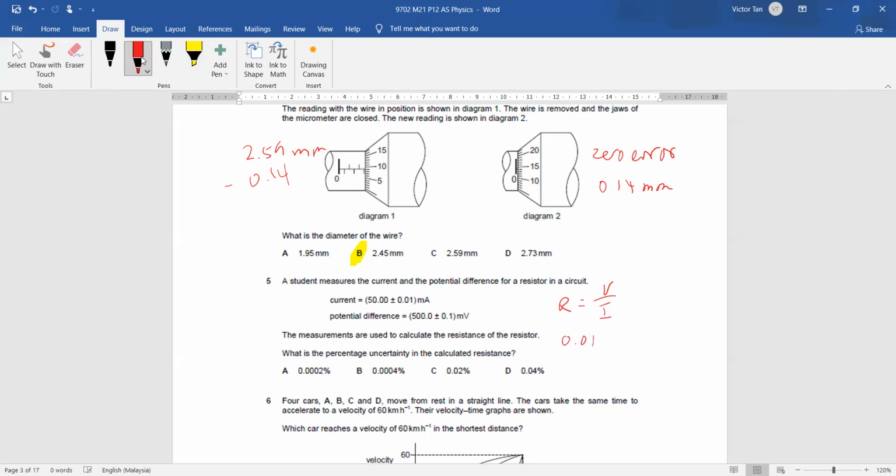It's 0.01 over 50 times 100, plus 0.1 over 500 times 100. So this is 0.02, this is also 0.02. So the answer is 0.04.